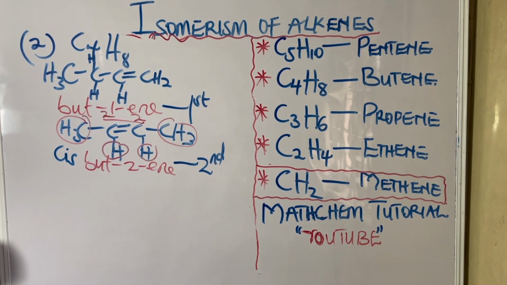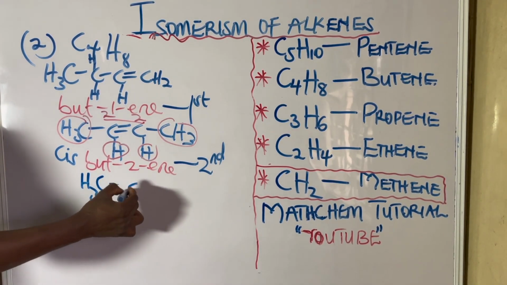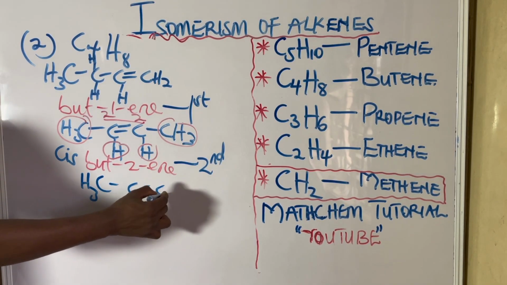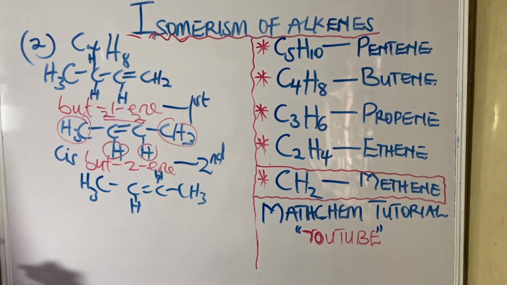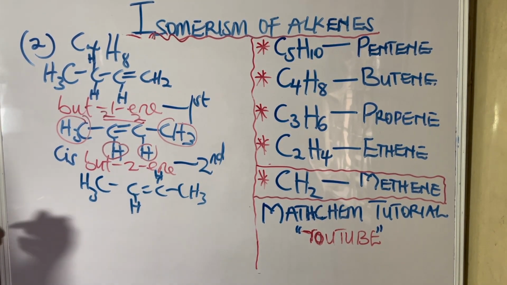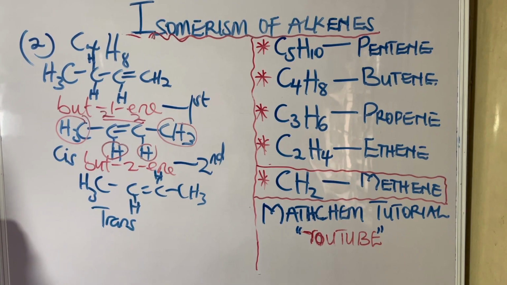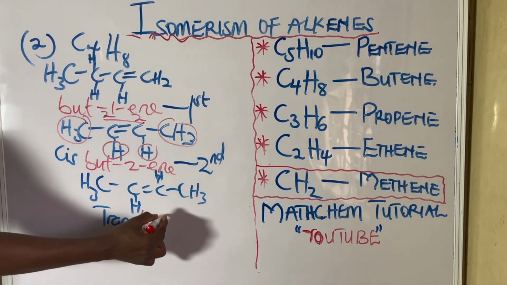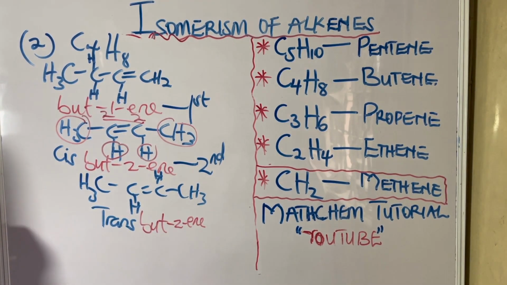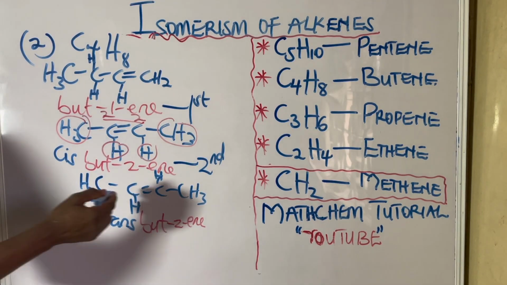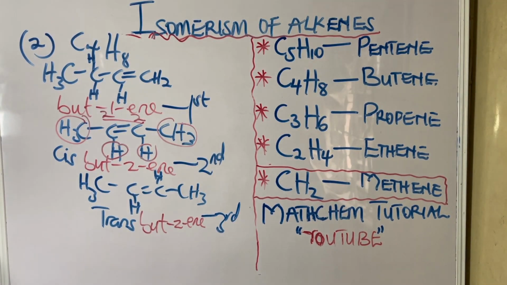And then the next one is going to be trans-but-2-ene, something like CH3, CH double bond CH, and then CH3. So that's the trans-but-2-ene. So this is the third isomer.